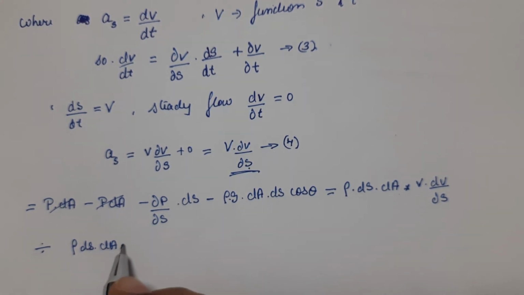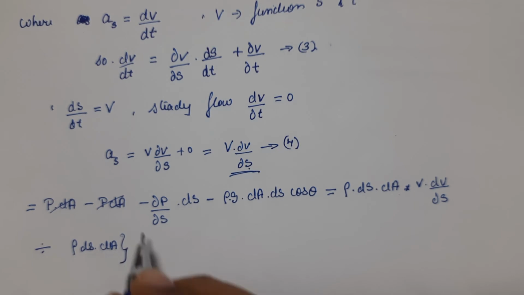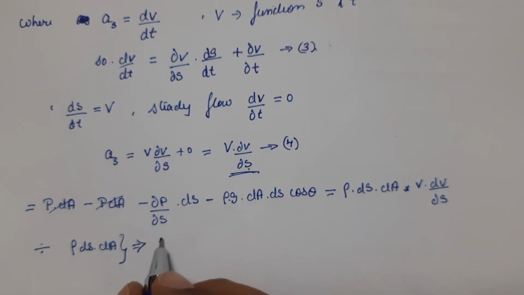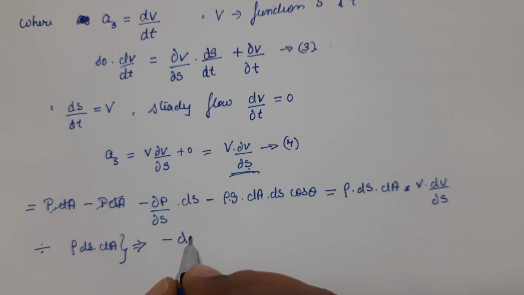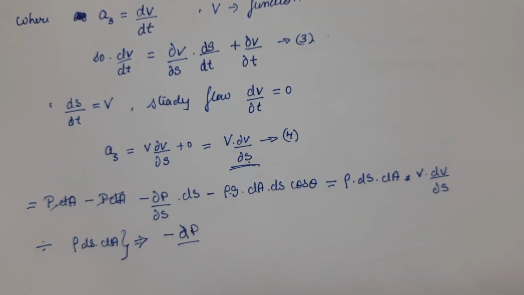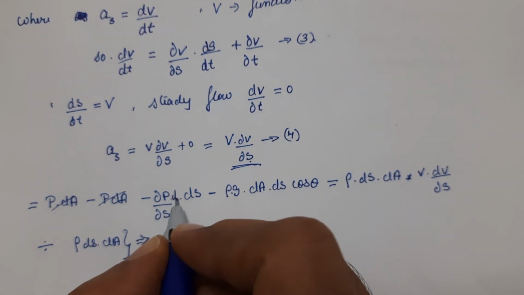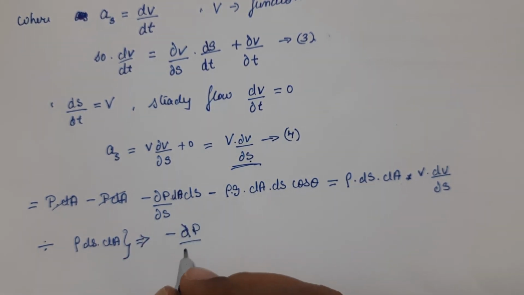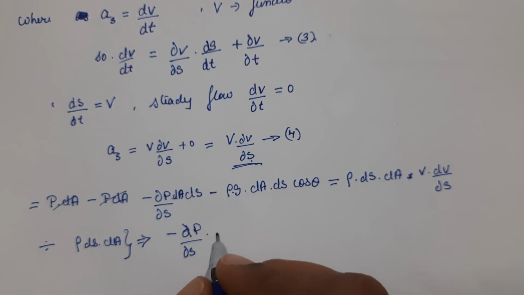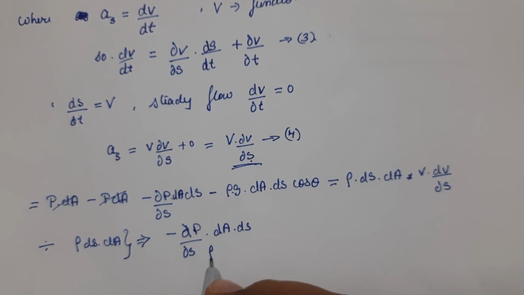When we divide this equation, we get dou p by dou s into dA by ds, divided by rho ds into dA, which cancels out.